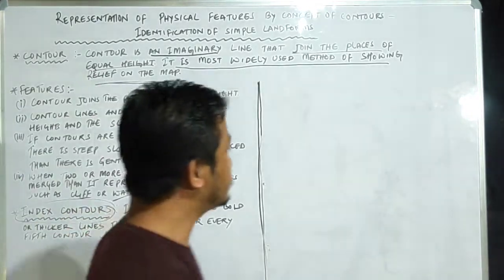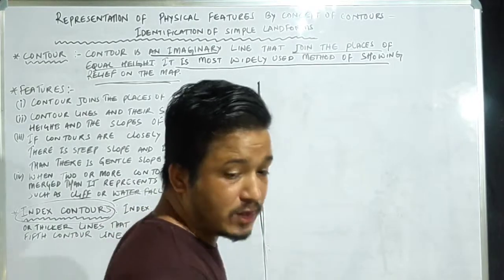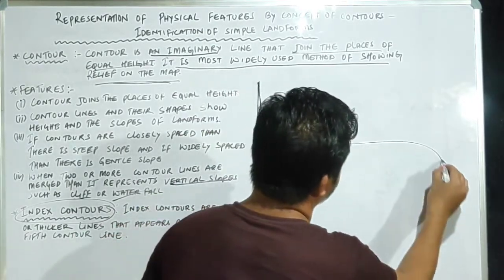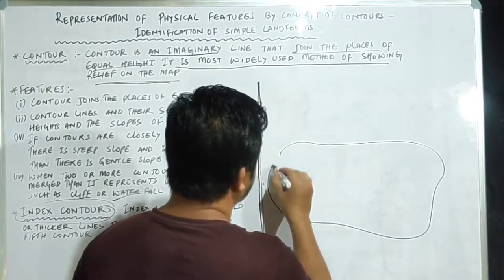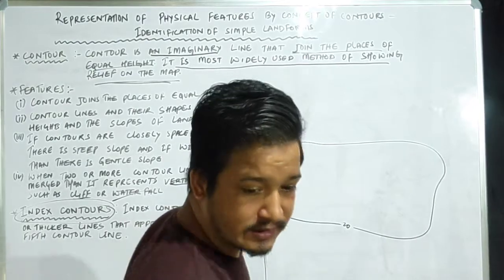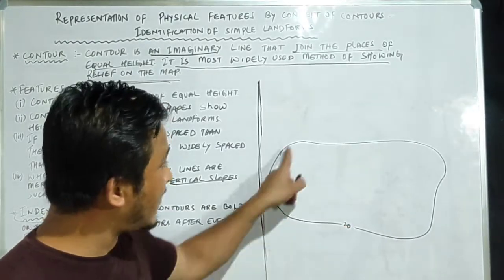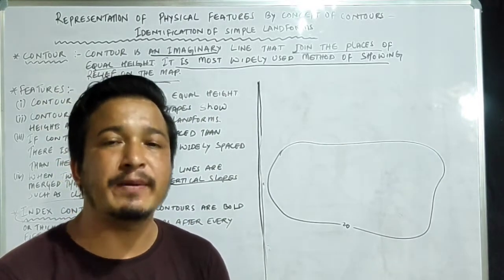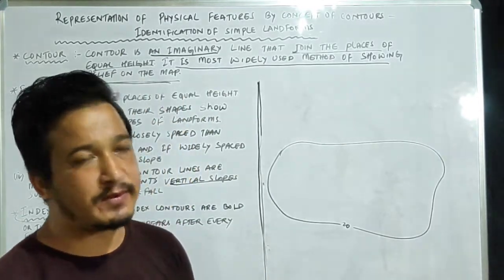So the definition is: index contours are bold or thicker lines that appear after every fifth contour line. In your book, here is the first contour line, and it is written 20. This contour line joins the places of equal height, which have a height of 20 meters above sea level.